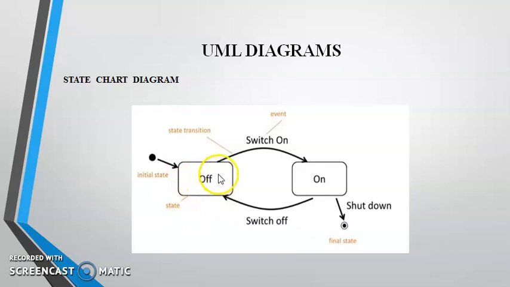Once it is switched on, it goes to the next state, that is on state, and from this on state if you give switch off, it will pass to the off state. These are the states, and these are the events between the states. These are the events, and this arrow represents the state transition. For shutdown, final state, we are using double circle.